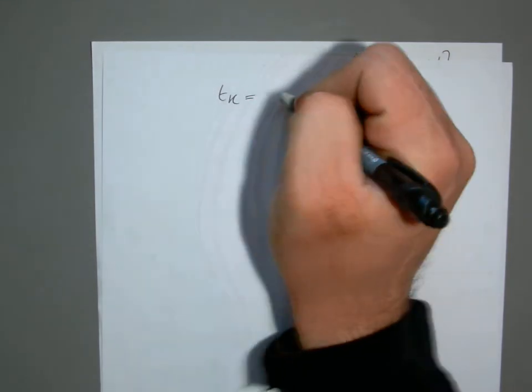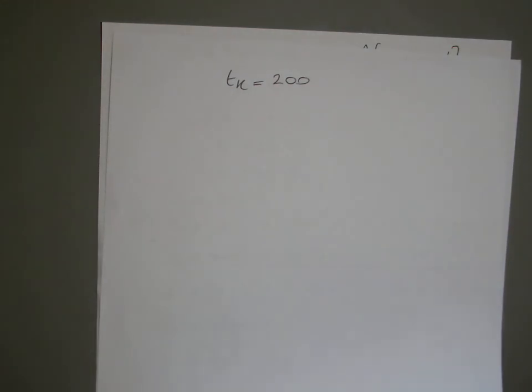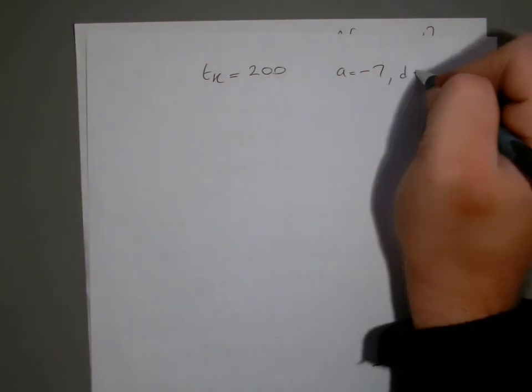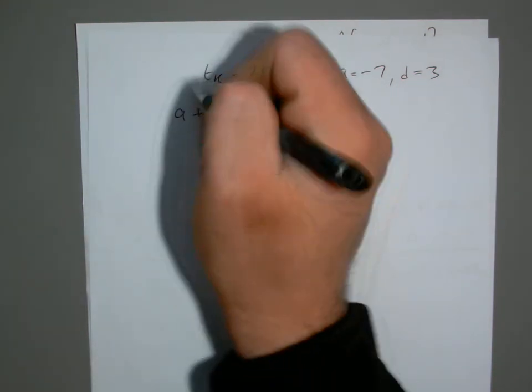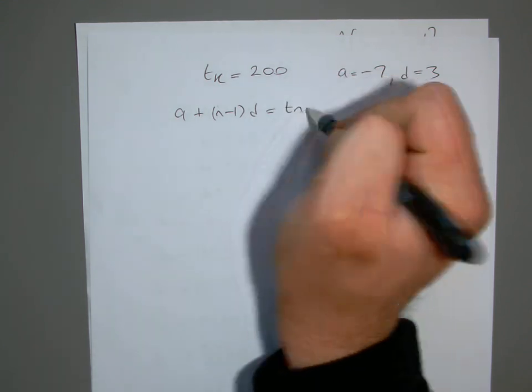So, what have we got left then to finish? It says, given that the kth term of the series is 200, find the value of k. So in other words, Tk, the kth term, is 200. Now, remember, what do we have for a and d? So a is minus 7, d is 3. So you use the formula a plus (n minus 1)d equals the nth term.